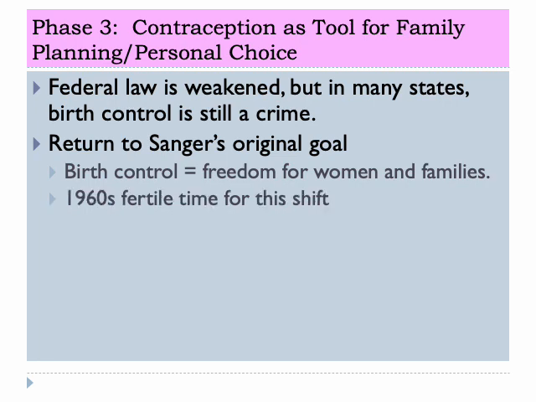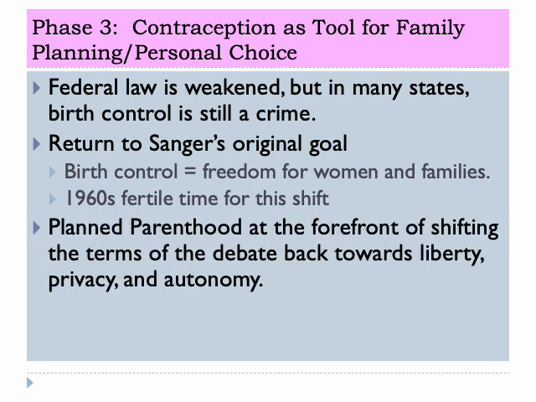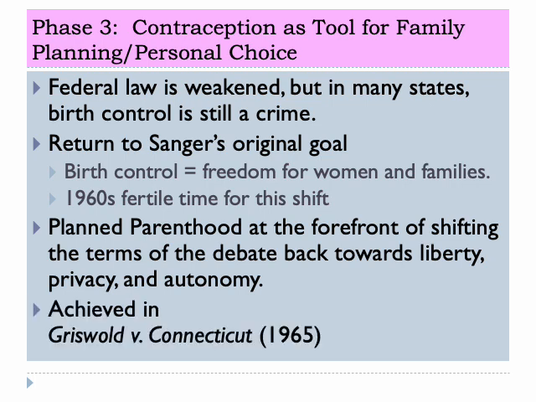And the 1960s is a fertile time for this period, in particular, since there are many advances in terms of different types of birth control that women can use. Now, Planned Parenthood is at the forefront of shifting the terms of the debate back towards liberty, privacy, and autonomy, this phase 3 of contraceptive policies.